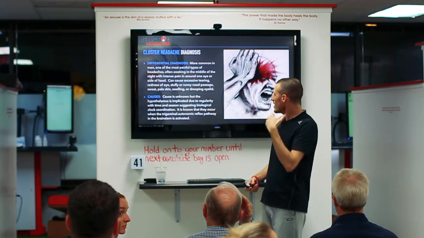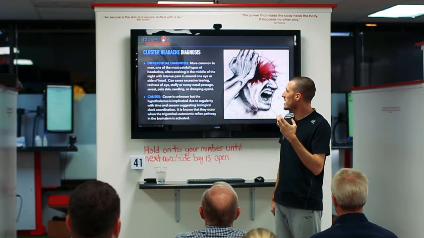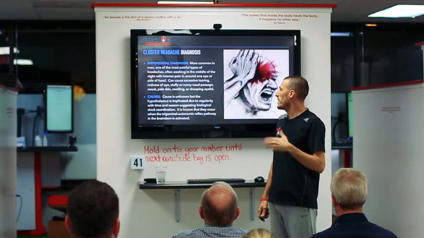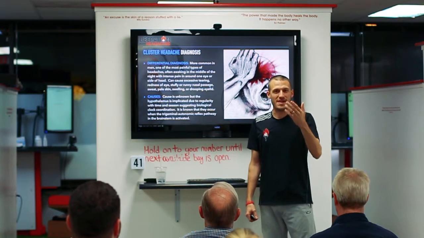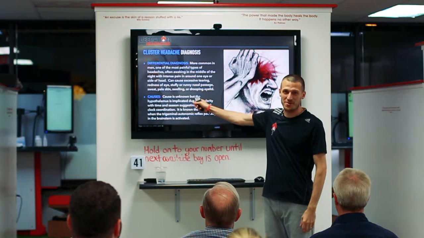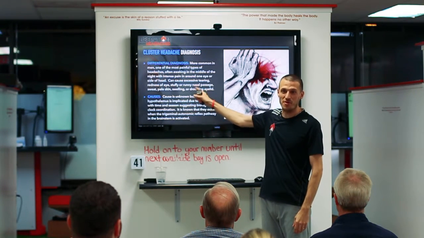Daily, almost daily. Eye just pours, redness of the eye, stuffy or runny nasal passages, sweat, pale skin, swelling, drooping eyelid. Anybody that's been through neurology classes, you look at this list and you're like, oh my gosh, that is a neurological response, right? This is an overactive nerve system.